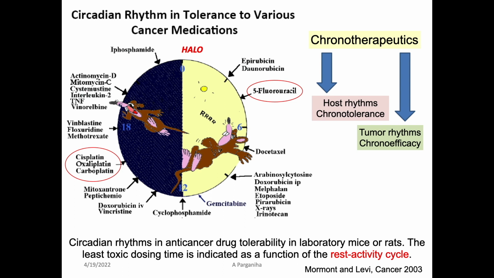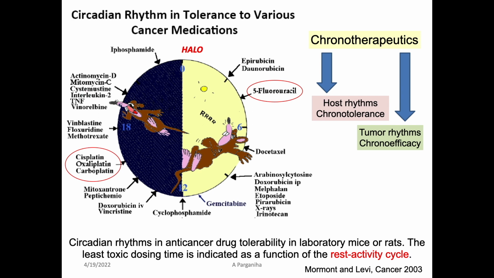Similarly, other drugs, for example doxorubicin, then cisplatin, oxaliplatin, carboplatin, then vinblastine. These are the other drugs which are more effective during the active span of the mice.